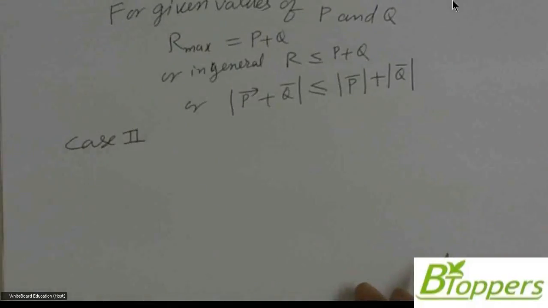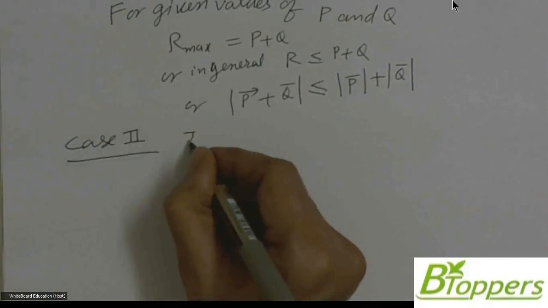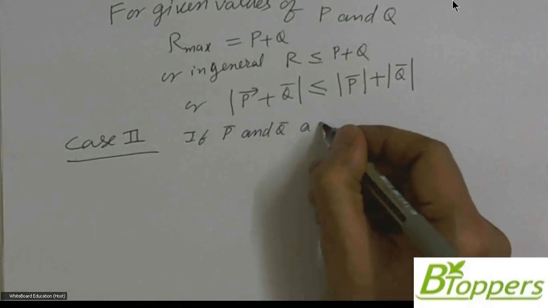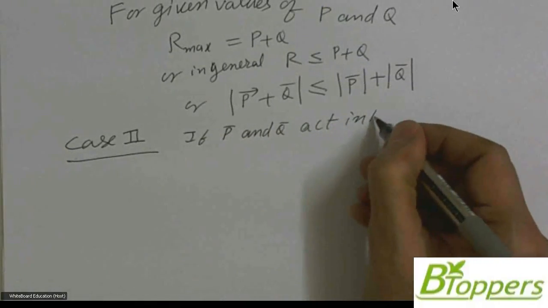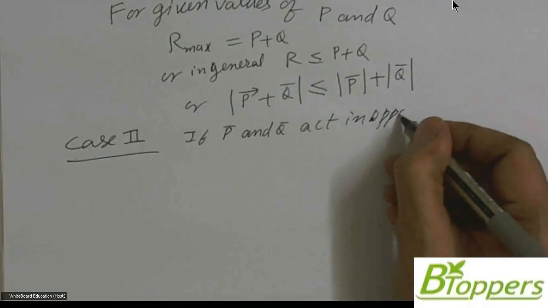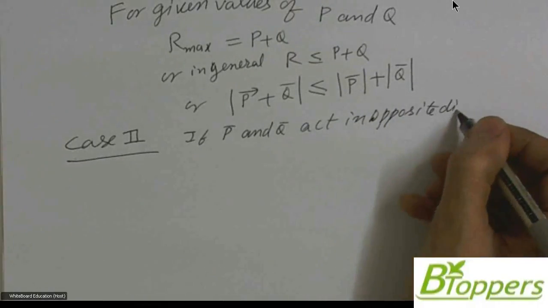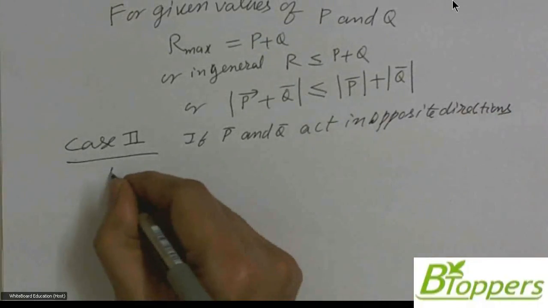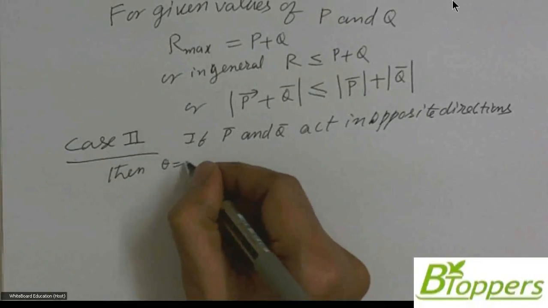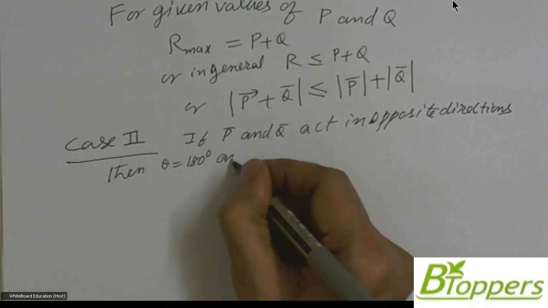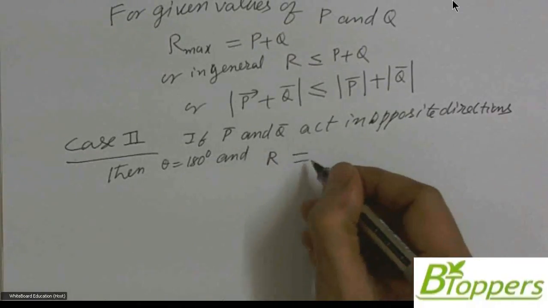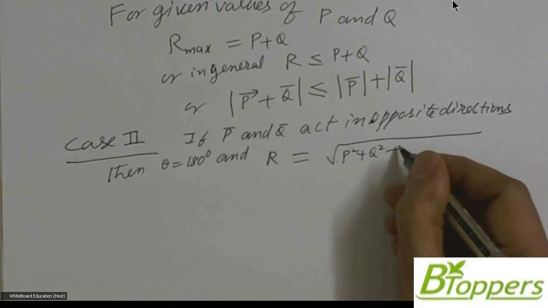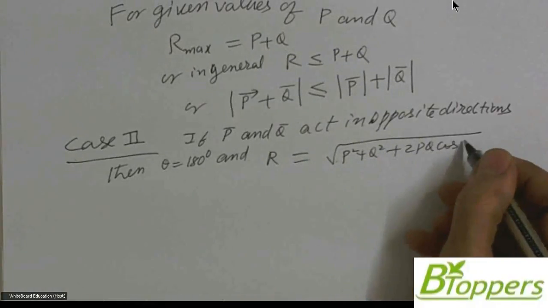So coming to the case 2 here, if P bar and Q bar act in opposite directions, then theta equal to 180 degrees and R equal to root of P square plus Q square plus 2PQ cos theta.